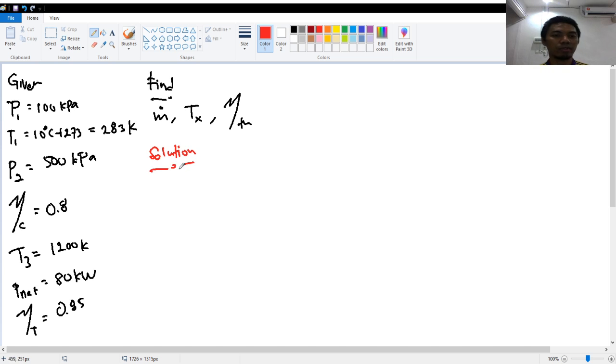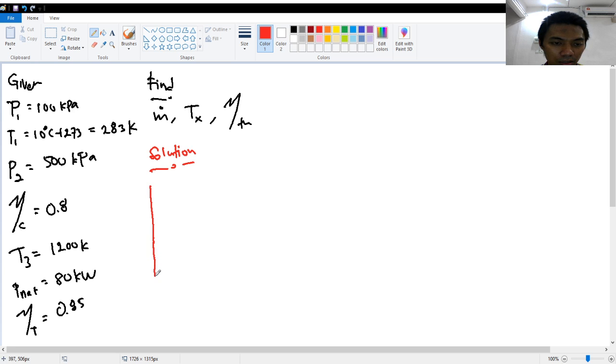It is raining outside, so the first thing first, if you want to solve this kind of question, you need to read thoroughly the question back and try to draw it in TS diagram.